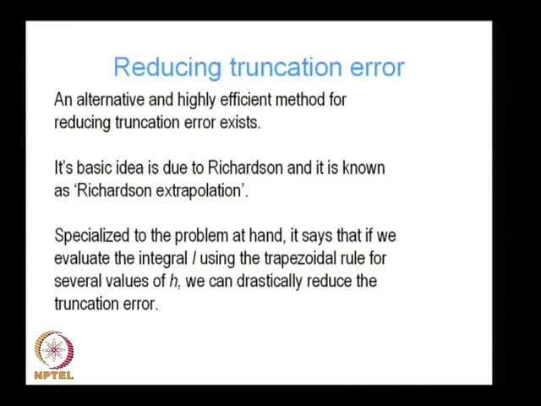In our particular problem, where we want to evaluate an integral within certain bounds, what it means is that if we evaluate the integral using the trapezoidal rule, instead of reducing the step size h or increasing the order of our polynomial approximation, we persist with our linear approximation, that is the trapezoidal rule, but use it several times, for several values of h, and we combine the values of the integral obtained using these several values of h, we can drastically reduce the truncation error.